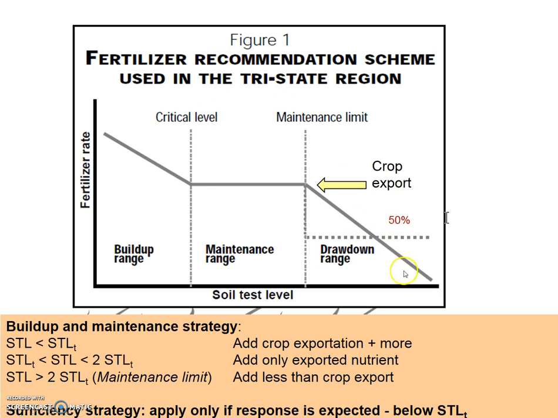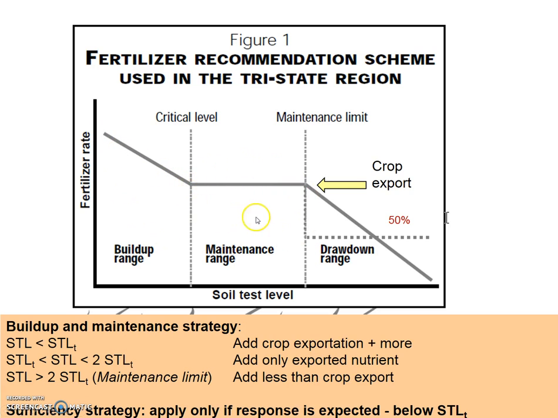What we do is that if we find that the soil test level is below the critical level, we will need to apply the crop export and more. That's why we plot this increasing fertilizer rate.